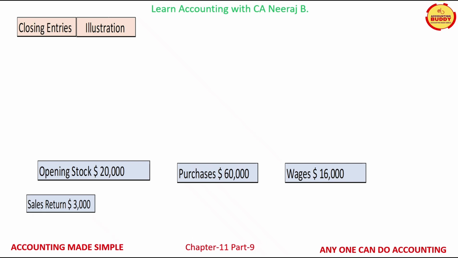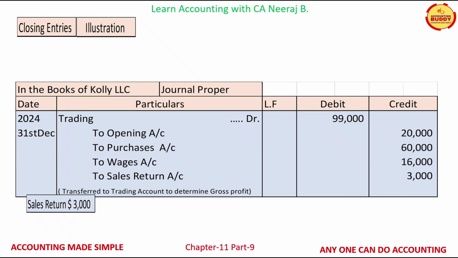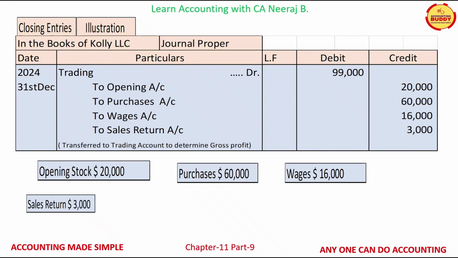The closing journal entry for expense nominal accounts will appear as displayed on your screens to determine the gross profit of the business. The entry will be passed on the last day of the accounting period, that is 31st December 24. All the expense nominal accounts have a debit balance, therefore they will be credited to close them.